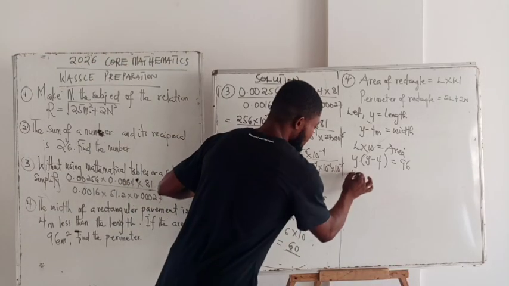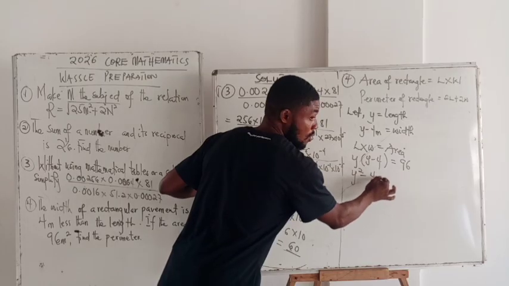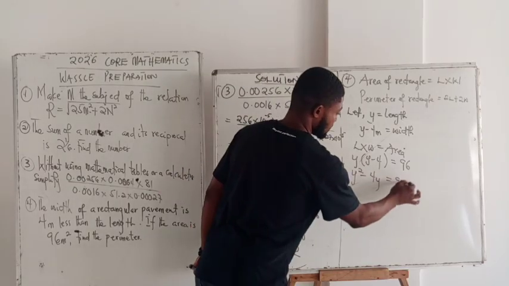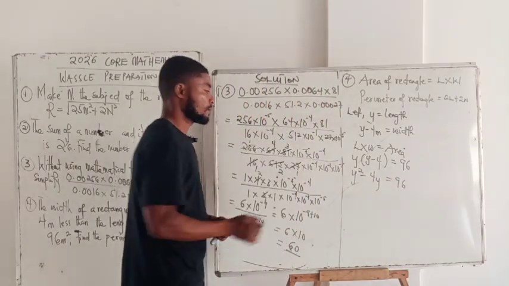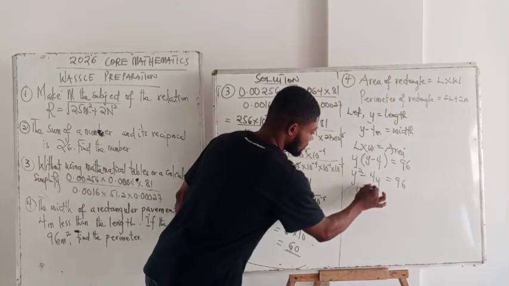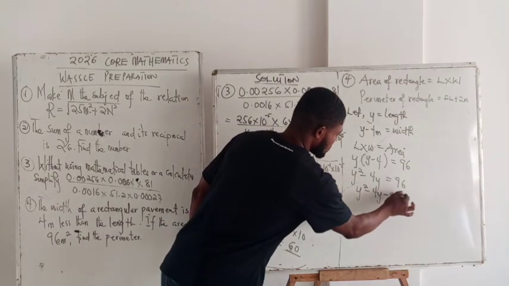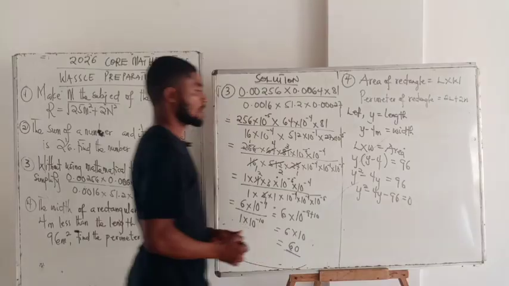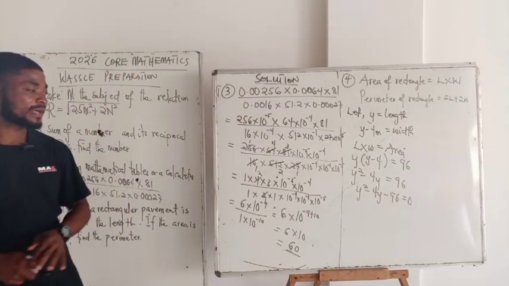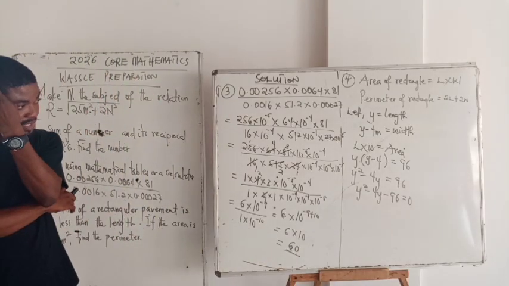I expand this, giving me y squared minus 4y, a quadratic. y squared minus 4y minus 96 is equal to 0.